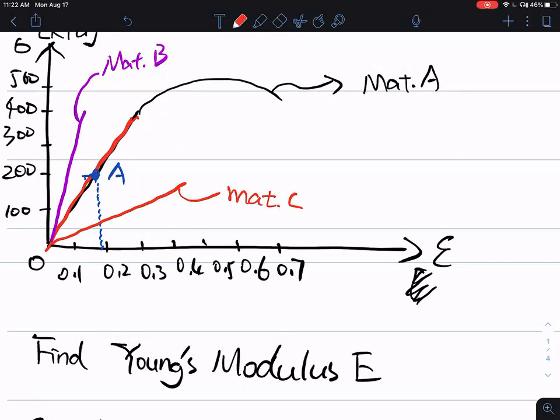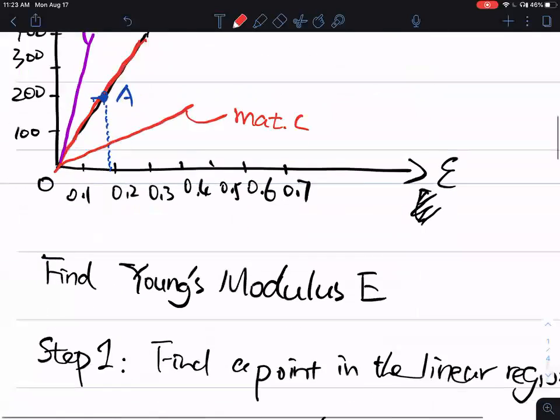But keep in mind, there are materials which have non-linear elastic regions, so there's no linear region on their diagram. When that is the case, this is not on your exam, just something good to know.